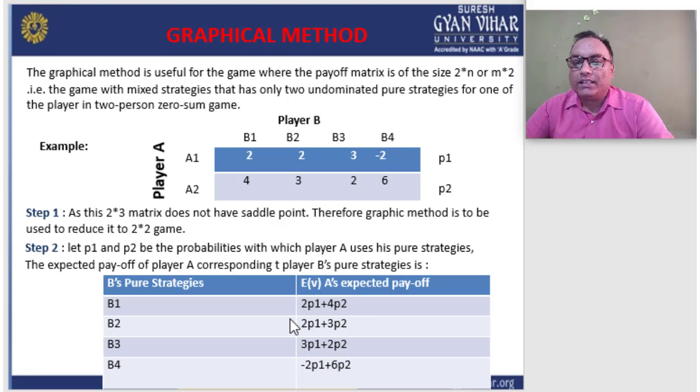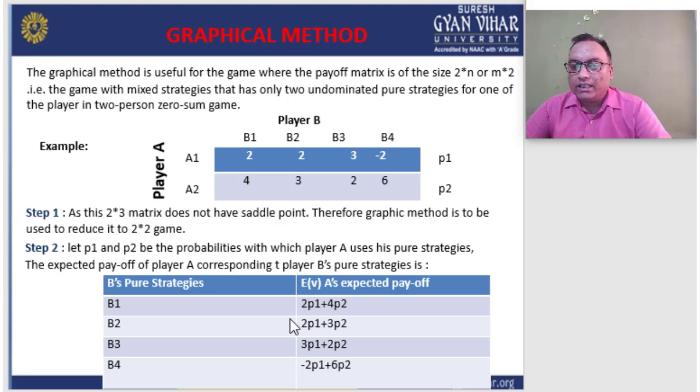Here the graphical method is useful for games when the payoff matrix is of size 2 by n or m by 2, that is, a game with mixed strategies that has only two undominated pure strategies for one of the players in a two-person zero sum game.